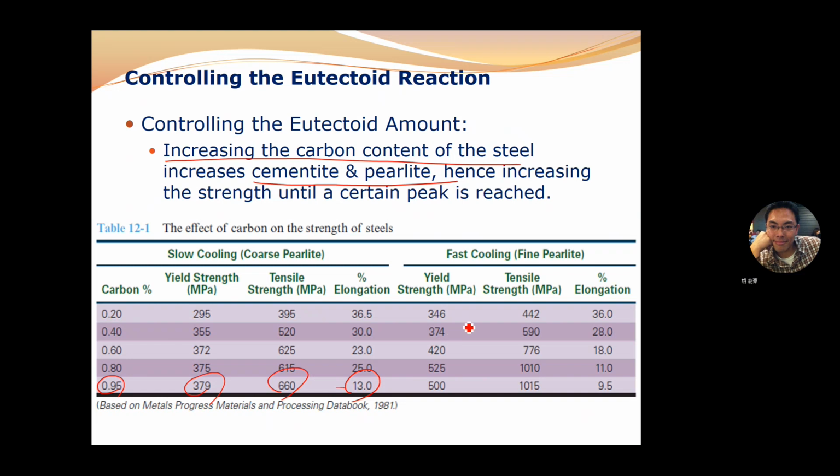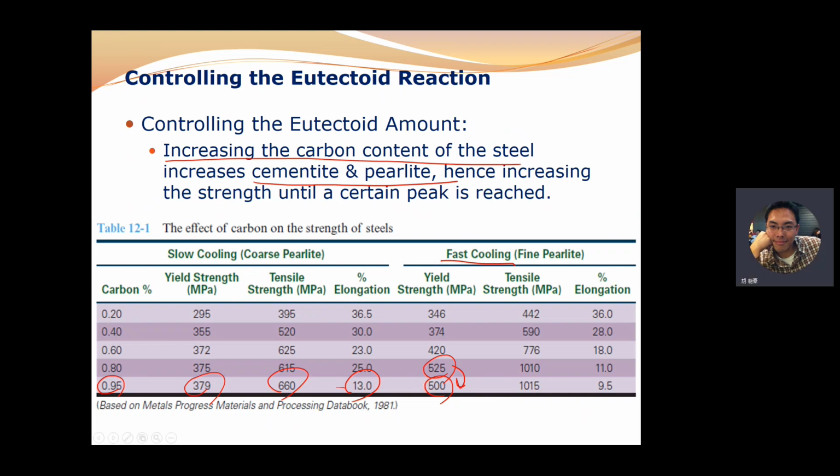And for the fast cooling rate, for the 0.95% of the carbon, its yield stress can reach 500 megapascal. However, for the 0.8 weight percent of carbon, the yield stress can reach 525. It's slightly higher than that with 0.95 carbon content.